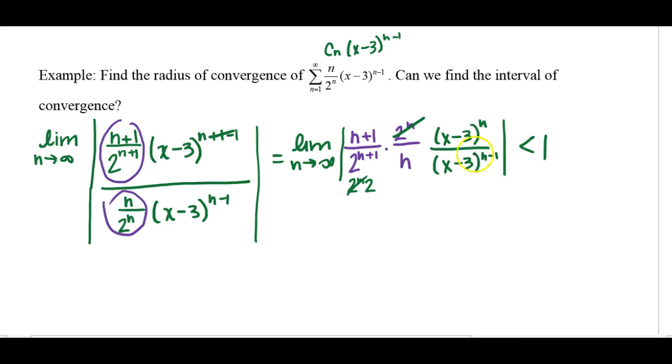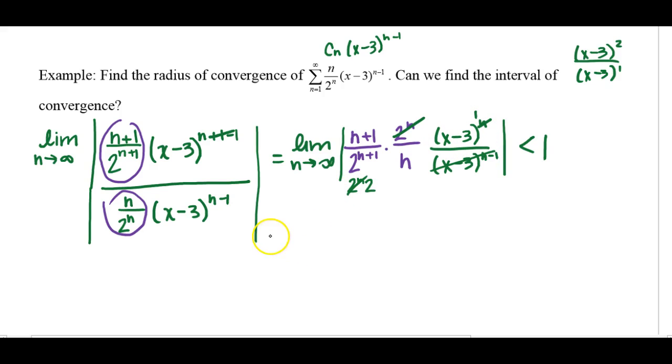So in other words, there's one less copy of x minus 3 on the bottom. Let me justify that. If I had x minus 3 squared over x minus 3, so 2 copies of x minus 3 on the top and 1 copy on the bottom, the only thing left is 1 copy on the top. So this whole thing cancels, and this n cancels and becomes a 1.